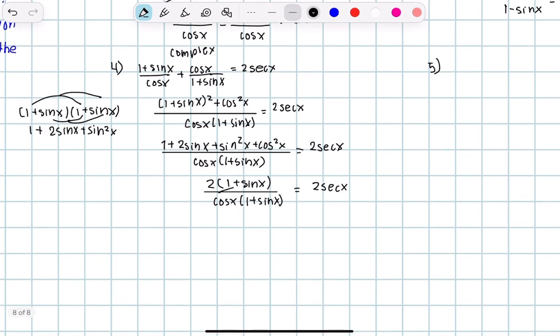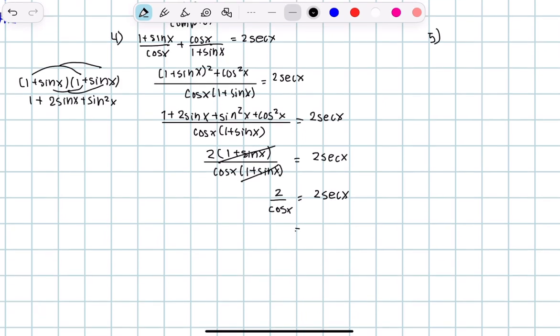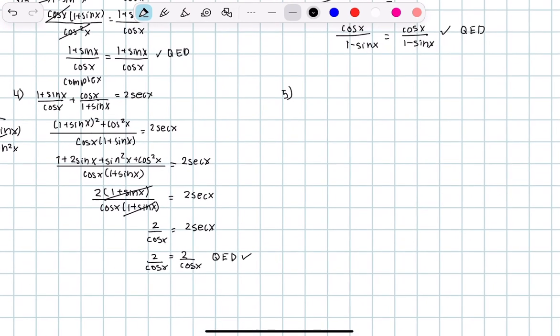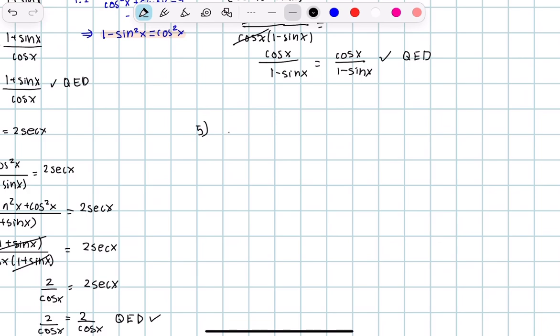From this, we can cancel this common factor out, and then we get 2 over cosine x is equal to 2 secant x. But remember, secant is just the reciprocal of cosine. So you can rewrite that as 2 over cosine x, and then they're both equal to each other. Or you could do it the other way around too, but same thing. QED.